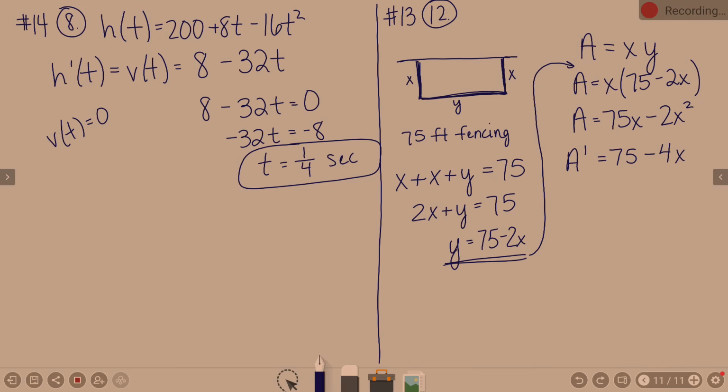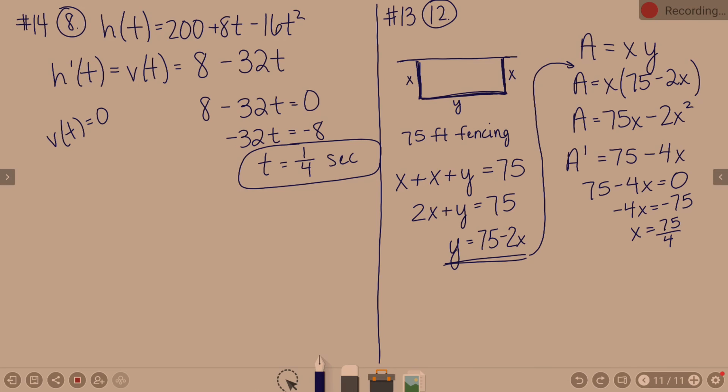In order to find a critical point, we set our derivative equal to 0. If 75 minus 4x equals 0, let's see, negative 4x equals negative 75. x is 75 fourths, which appears to be what I left it on the paper as.